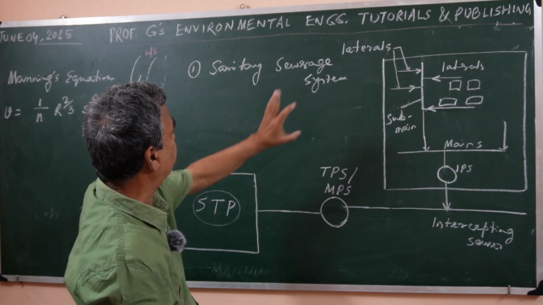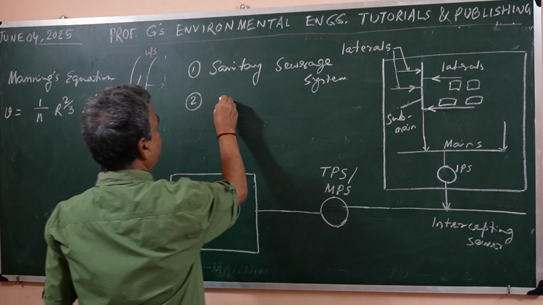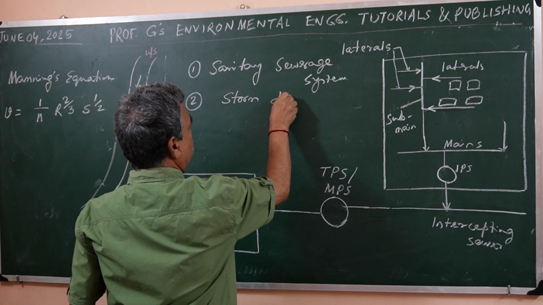So this is the sanitary sewerage system. And second is the storm drainage system.